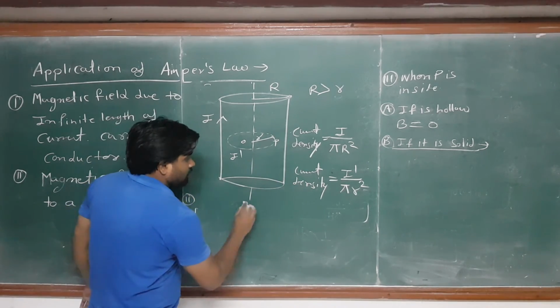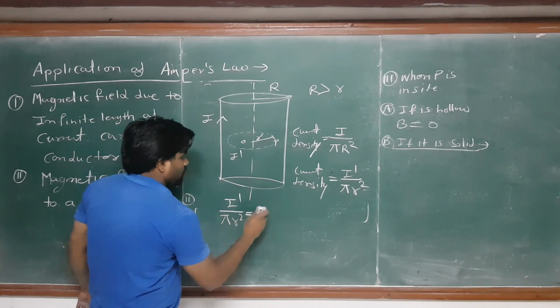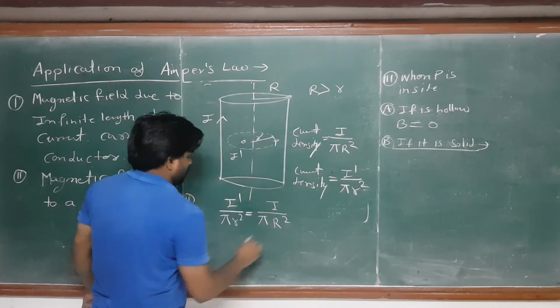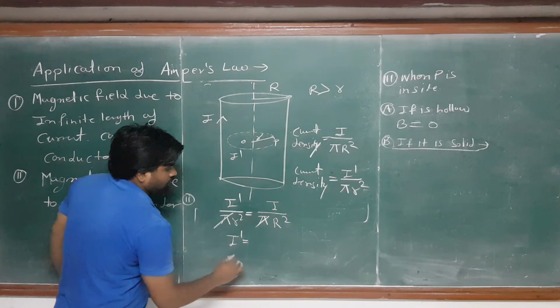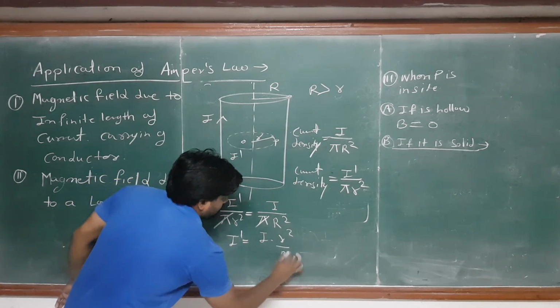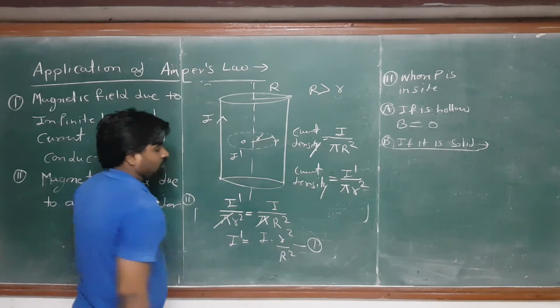So I can write I dash by pi small r square is equal to I by pi capital R whole square. So you can cancel the pi to get I dash is equal to I times r square by capital R square.